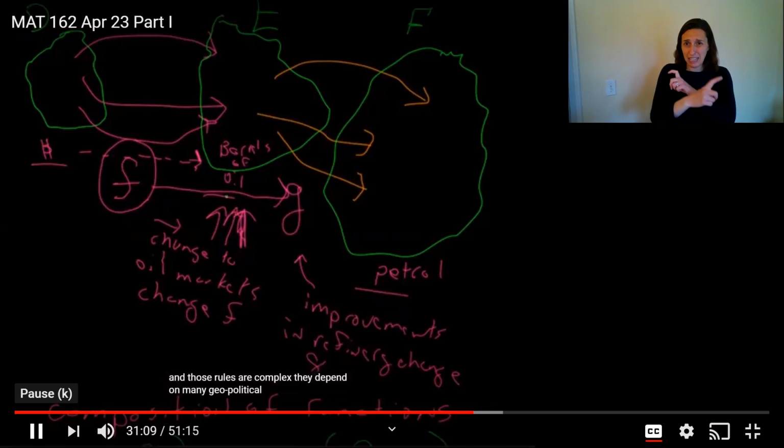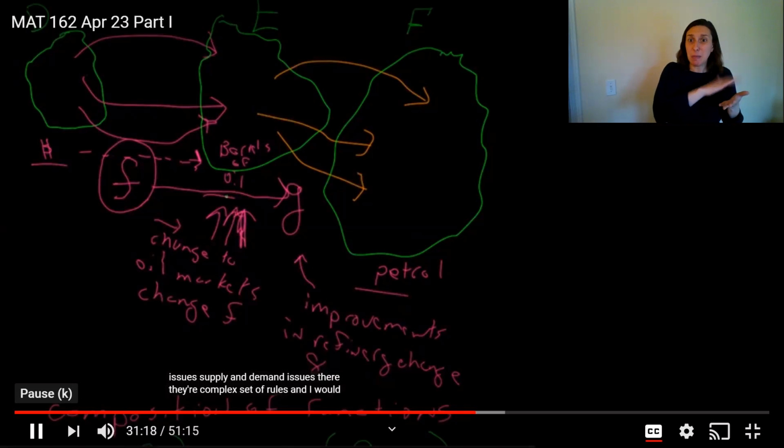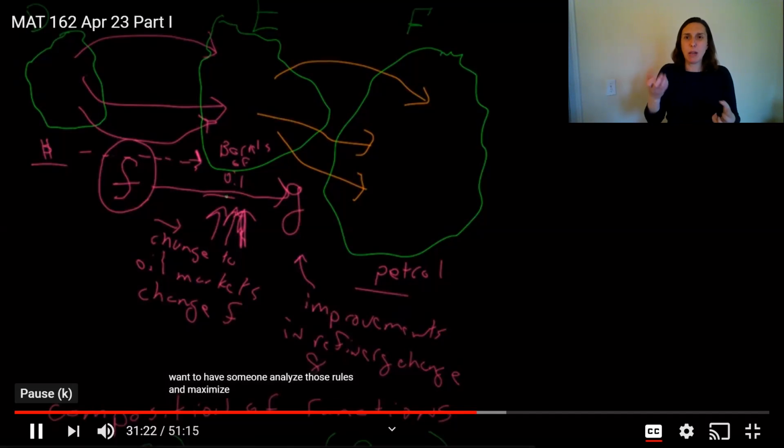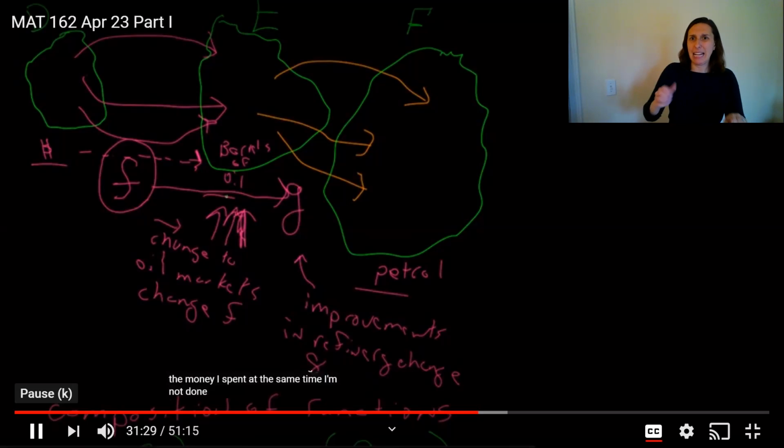They depend on many geopolitical, manufacturing issues, supply and demand issues. They're a complex set of rules, and I would want to have someone analyze those rules and maximize the amount I can get for the money I spend. At the same time, I'm not done with the process.